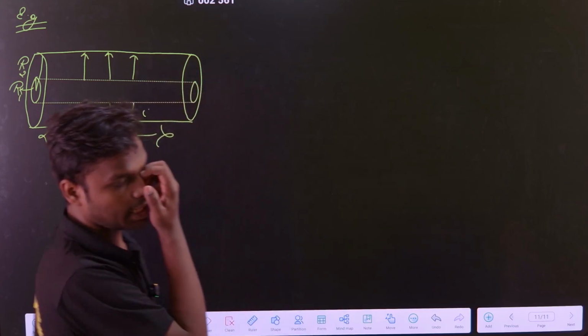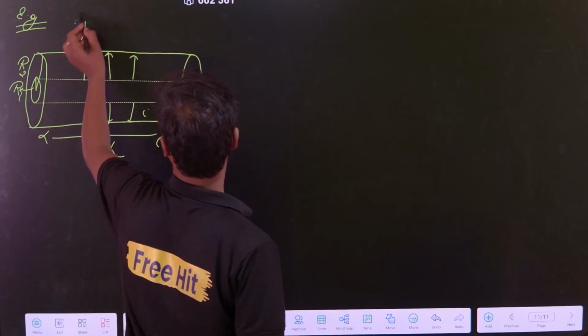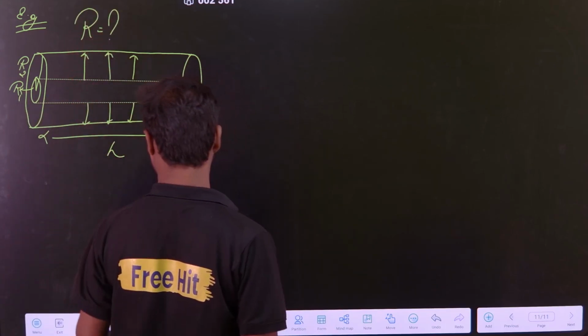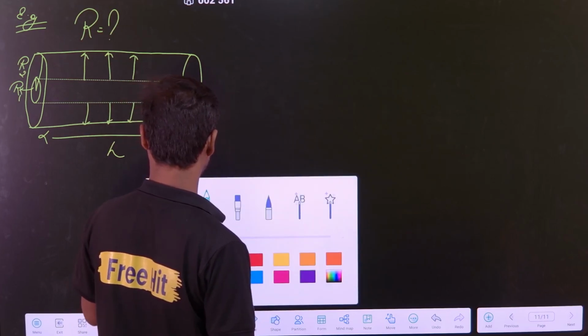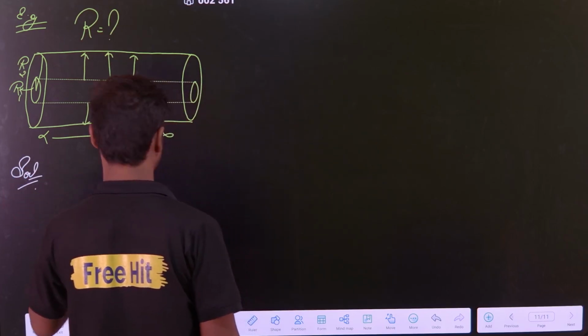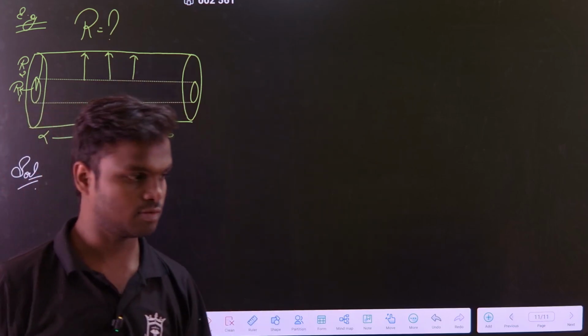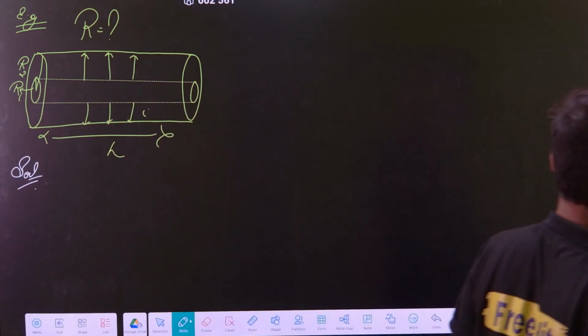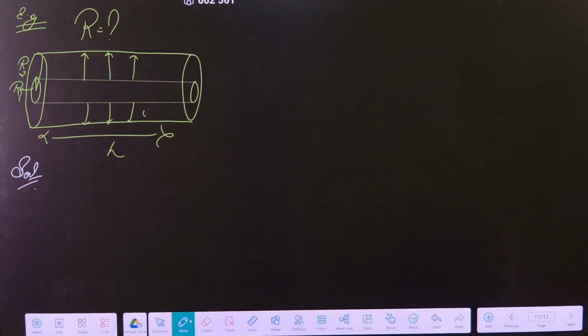Now can you directly write the resistance? First tell me, can you directly write it, or what do you have to do? If you don't write it directly, then how to solve it? Just think for a minute. How to write the resistance?